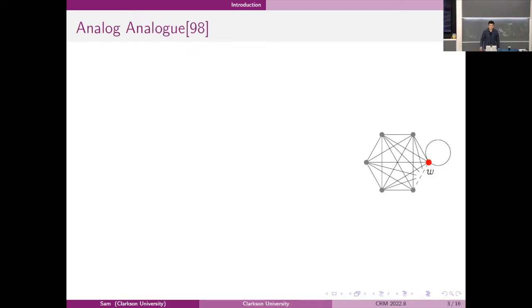Somebody else, we have no idea who, puts a self loop on one of the vertices, and we call that the target vertex w. Our job is to run the quantum evolution and hope all the amplitudes concentrate on this target vertex.